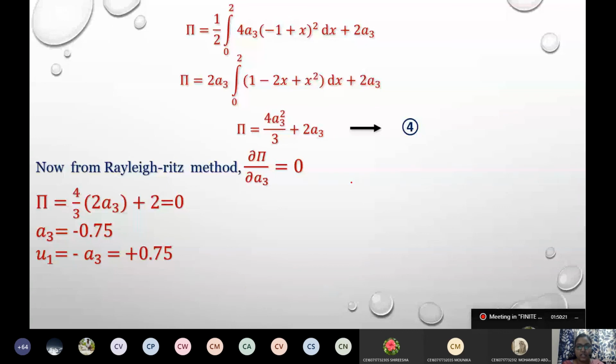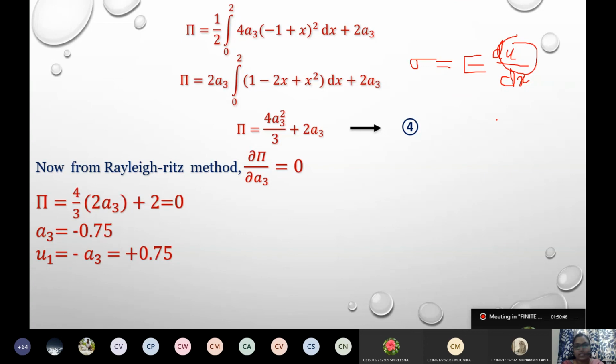If I have to relate stress and strain, this is the relation I have. Sigma is equal to E into strain. Here what is the strain? Change in the displacement. We know what is u, because u is A1 plus A2x plus A3x square.